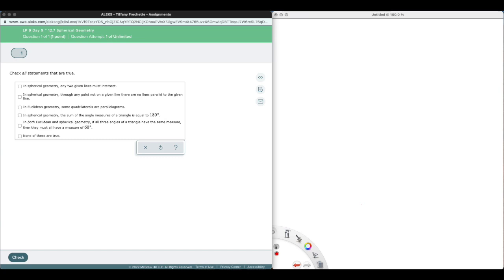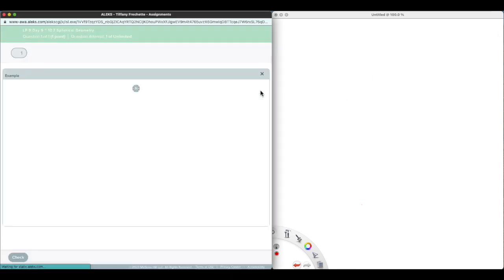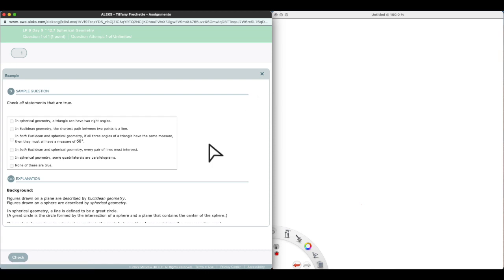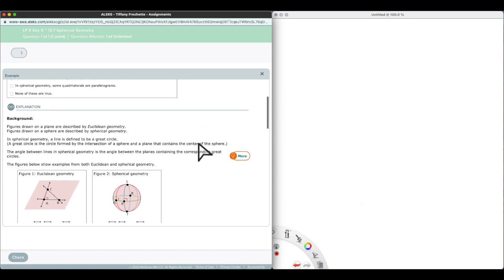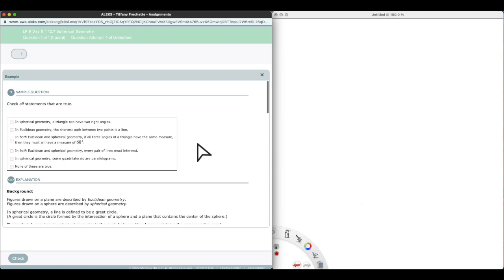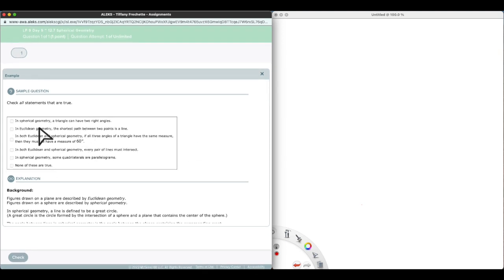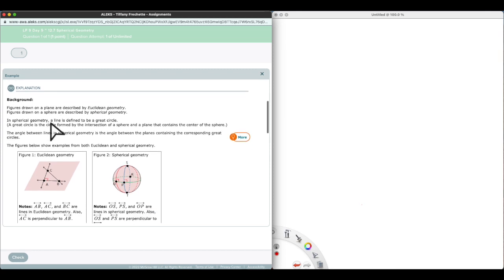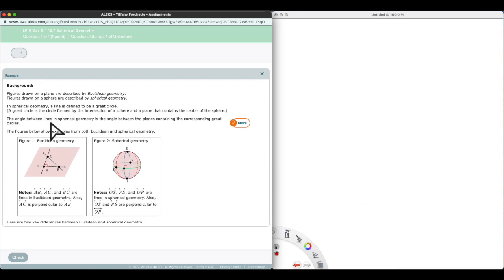We're going to talk about a different type of geometry, and we definitely want to look at the example here because we need some background information. There's quite a bit of background information we need in order to answer the questions they're asking us about Euclidean geometry or spherical geometry. There are two different types, depending on what we're looking at.